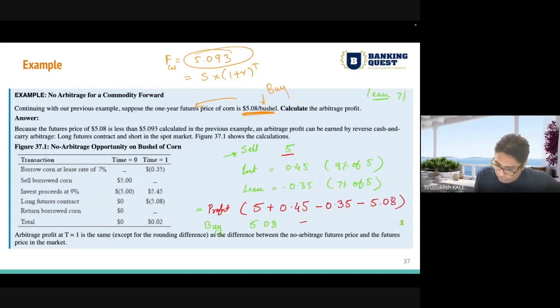Your total profit is 0.02. Okay, if there is any confusion, please ask. So this is your sell, this is your interest, this is your lease, and this is your buy.